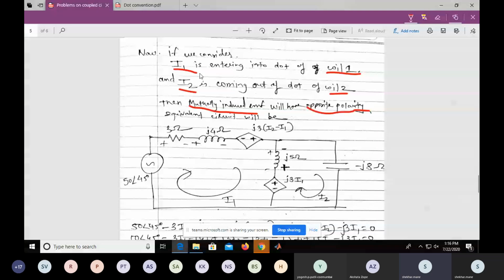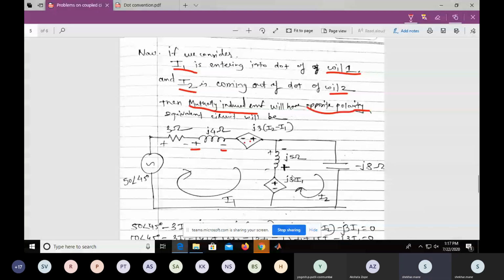Both currents I1 and I2 flow in that coil, but now we are considering I2. That's why the polarities are different: positive, negative, and here negative and positive.